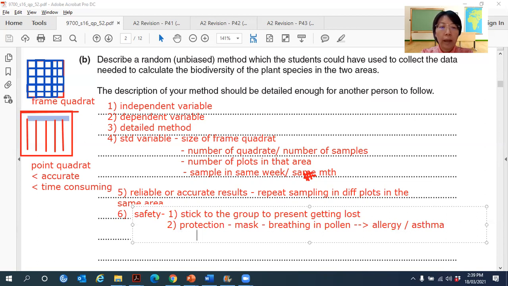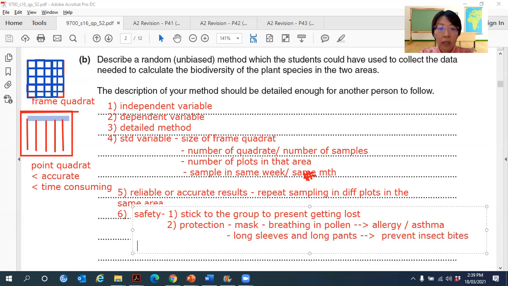What about protection? I have to wear long sleeves and long pants. Okay, so because you're going to the grassland, you want to cover your skin away from mosquitoes. So you want to wear long sleeves and long pants to prevent insect bites. Okay, so this is called a crystal clear answer.